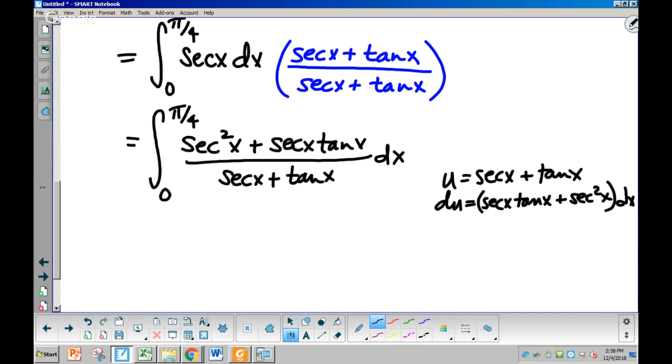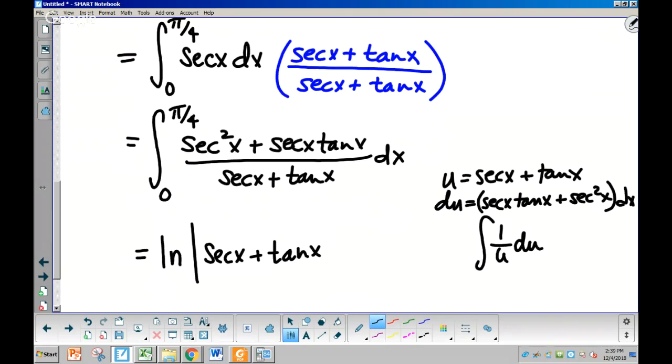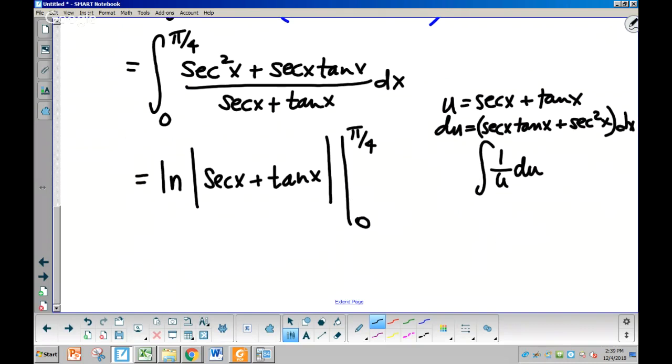So this turns out to be the integral of 1 over u, which is no big deal. That's just the natural log of the absolute value of u. So this is the natural log of the absolute value of secant x plus tan x, evaluated between 0 and pi over 4. What happens when we plug in pi over 4?